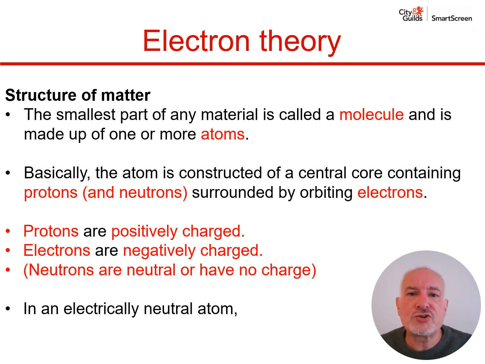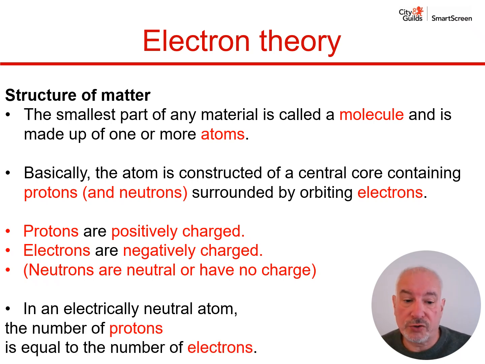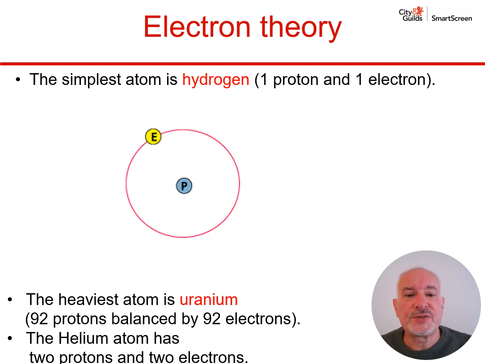Now, in an electrically neutral atom, in other words, an atom that doesn't have any overall electrical charge, the number of protons is equal to the number of electrons. The simplest atom is the hydrogen atom. A hydrogen atom has one proton in the core and in the outer part there is one electron.